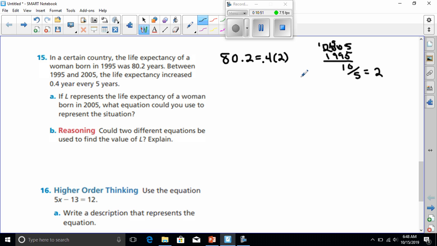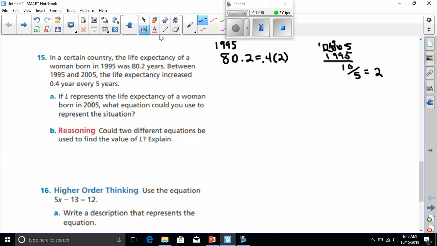Okay, let's see, would that be minus or plus? I might have to rearrange this because this is representing 1995, which people are dying earlier. They're not living as long.